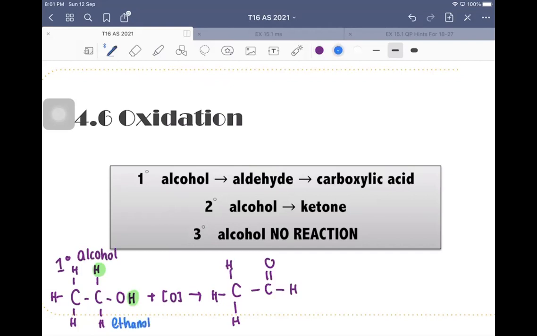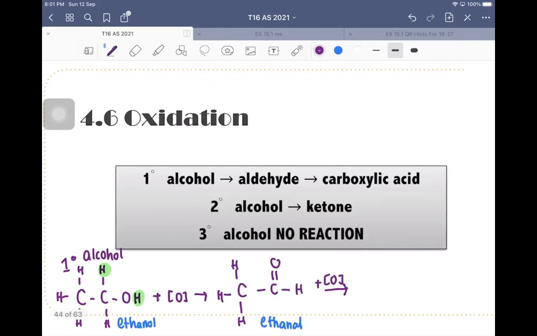And we call this a partial oxidation, okay? When ethanol is partially oxidized, it becomes ethanal, and then fully oxidized, it becomes ethanoic acid, right?